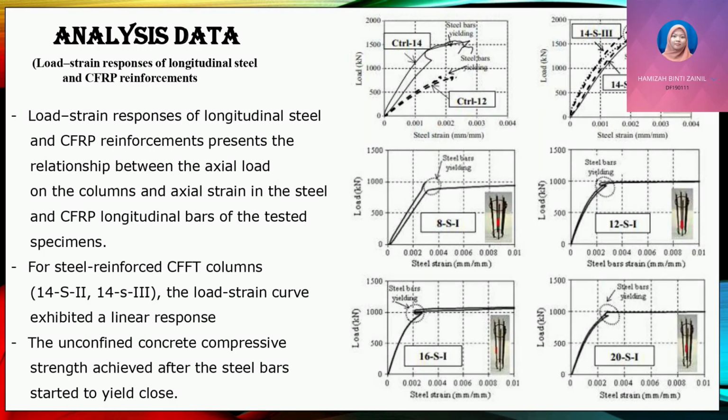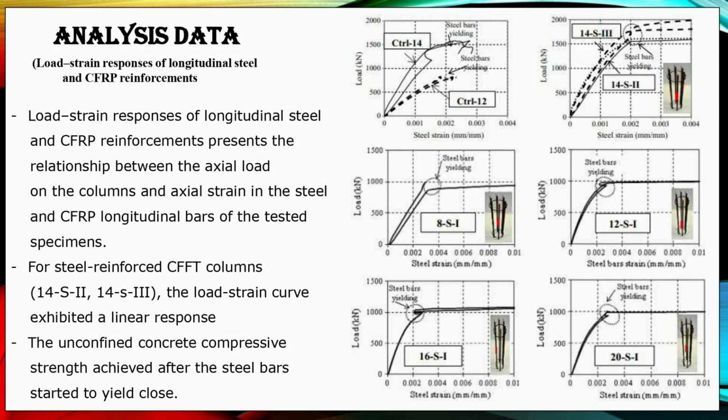Next is the analysis of data. The load strain response of longitudinal steel and CFRP reinforcements in the graph presents the relationship between the axial load on the columns and the axial strain in the steel or CFRP longitudinal bars of the tested specimens.